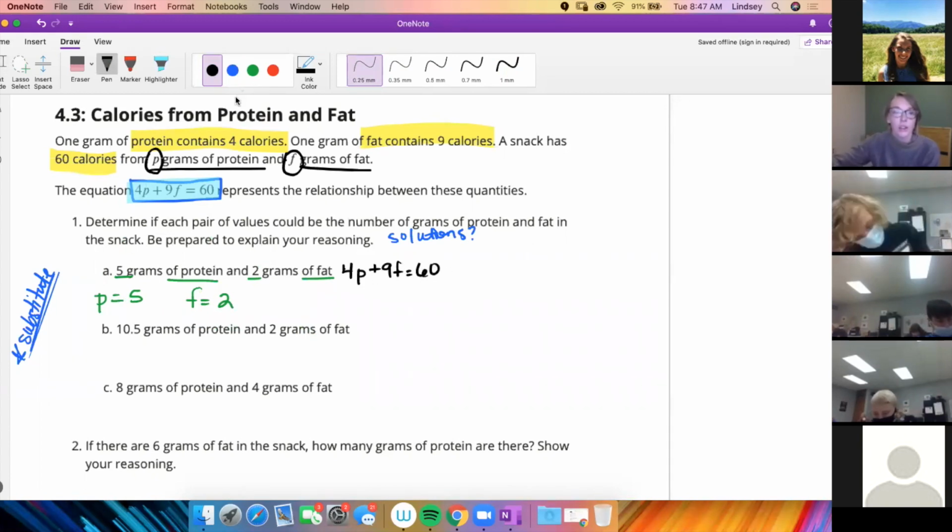Right here I have 4, and what am I gonna plug in for P? 5. And I have 9, and what am I gonna plug in for F? 2.